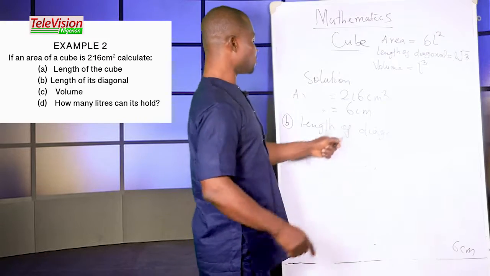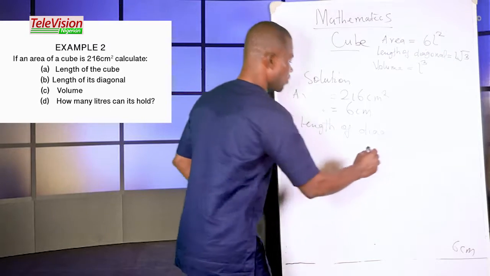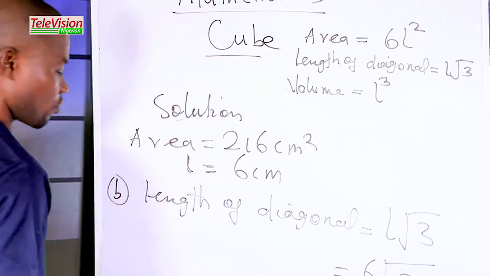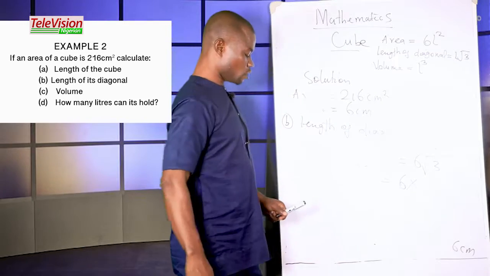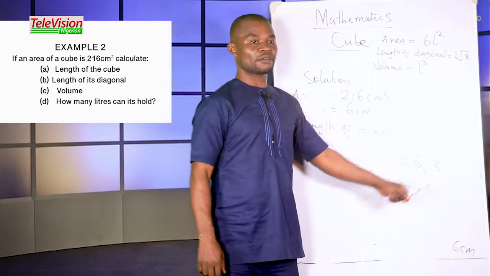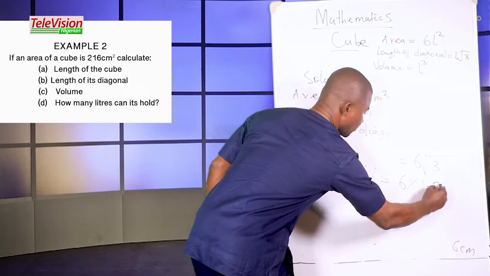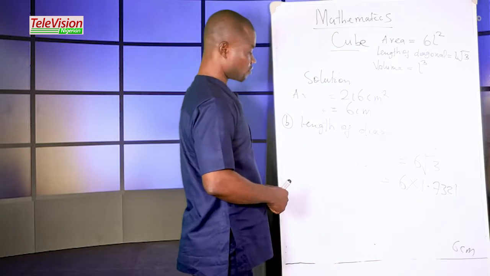We substitute 6 for L, which is equal to 6 square root of 3, which is equal to 6 times the square root of 3. The square root of 3 is 1.7321.